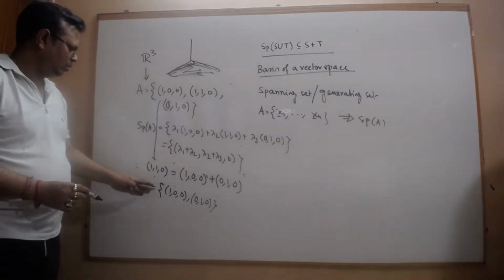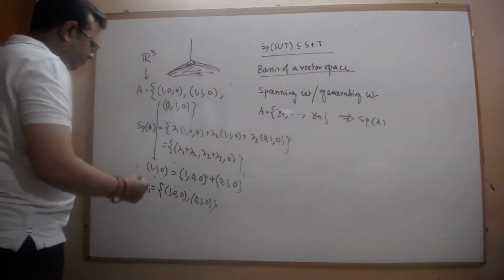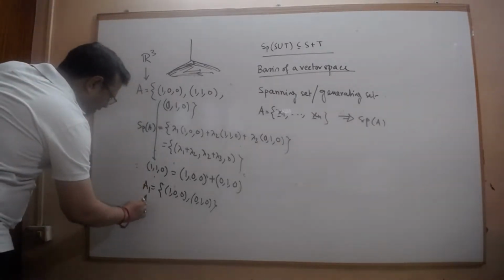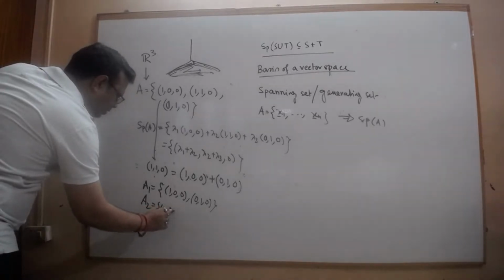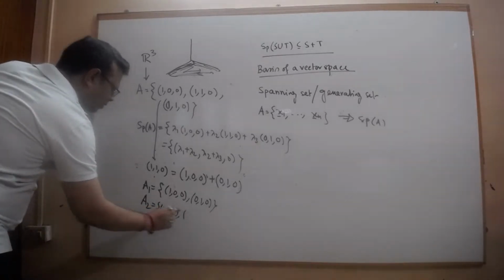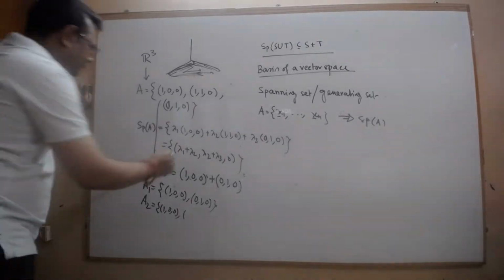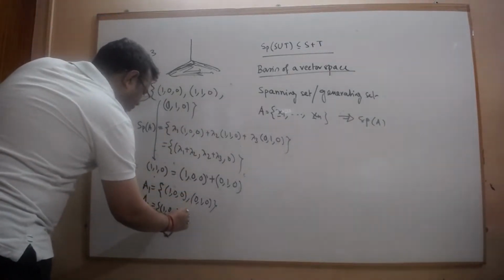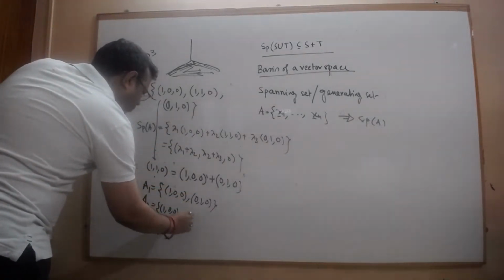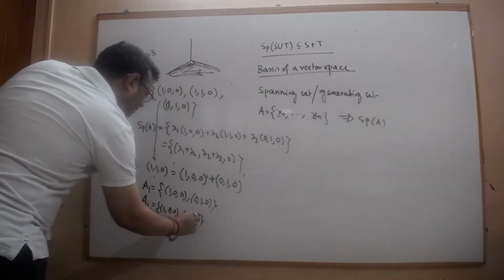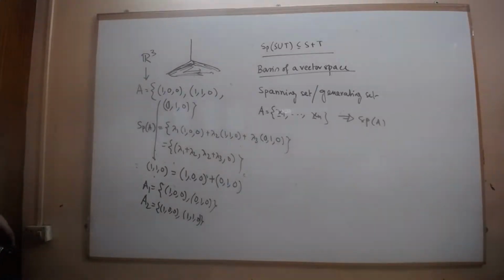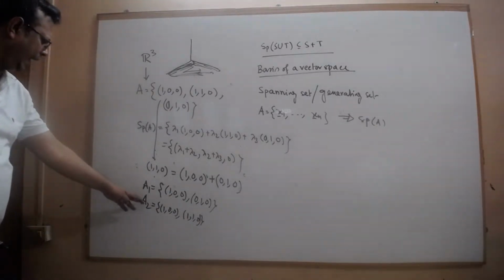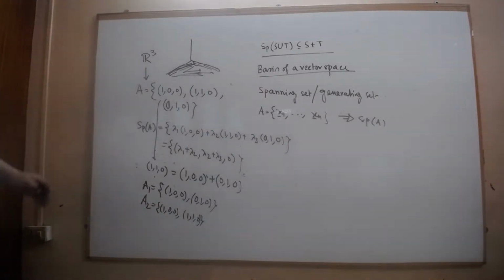And if you take another set, 1, 0, 0 and 1, 1, 0, in that case you get the same space if you take the linear span of these two sets.